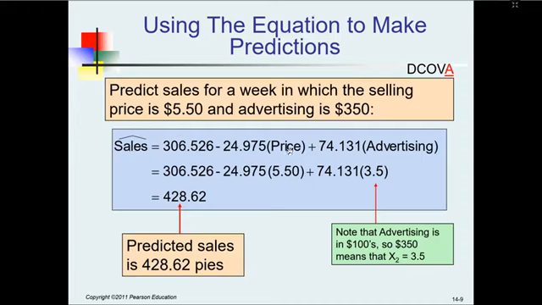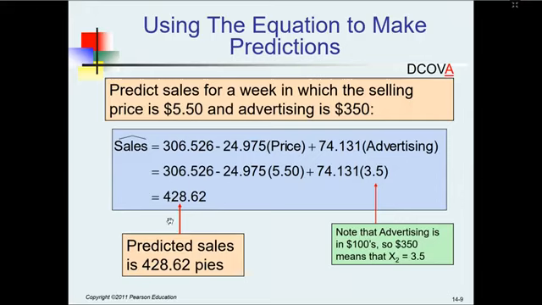So it means you put price to be equal to $5.5 and advertising to be 3.5. Why did we use 3.5? Because $350 is equivalent to 3.5 units per our question. So the predicted sales volume will be, when you substitute, use your calculator to calculate this, 428.62.